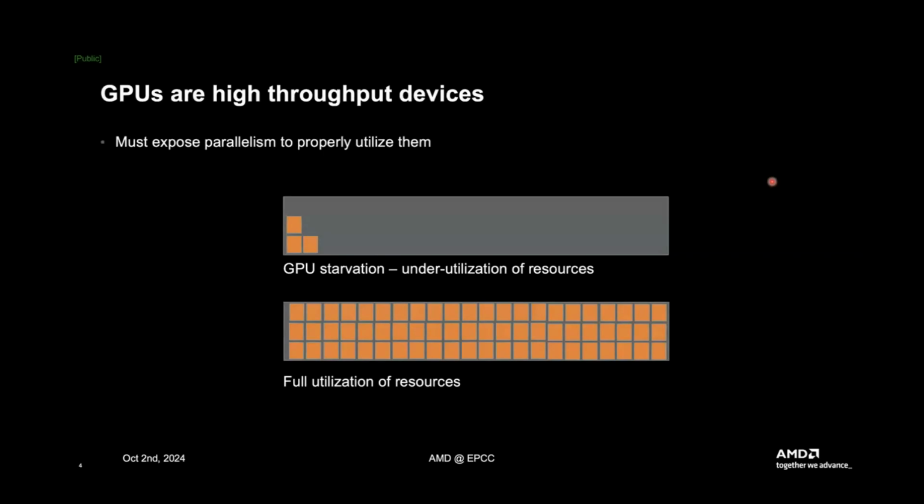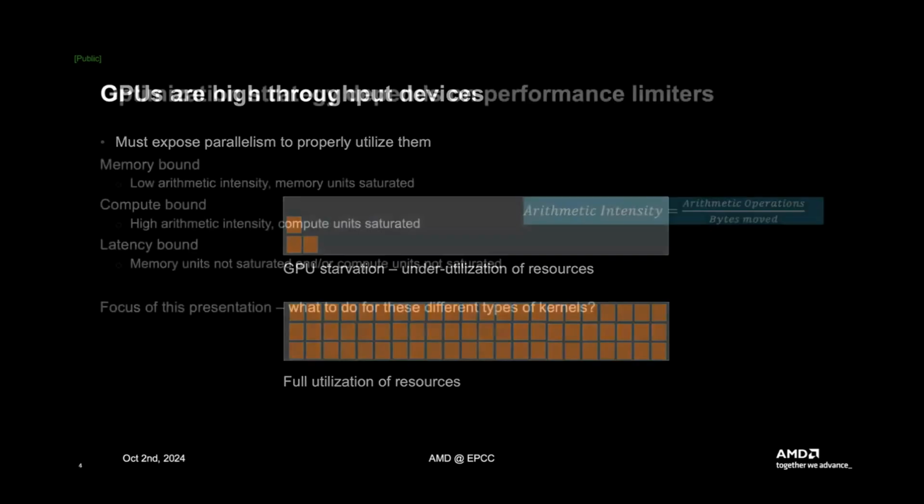We know that GPUs are high throughput devices, so it is very important to expose enough parallelism in order to fully utilize all of the resources. There are so many resources, and if we do not fully utilize them, then we are not doing justice to that device. Otherwise, the device gets starved.